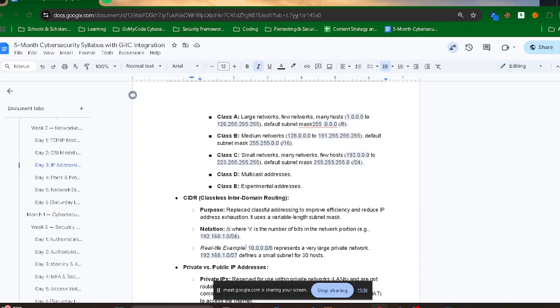We've explained this one. So then the real life example is this: 10.0.0.0/8 represents a very large private network, while this one defines a small subnet for only 30 hosts. So why is it 30 hosts?